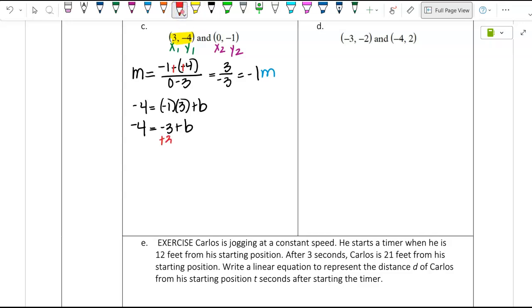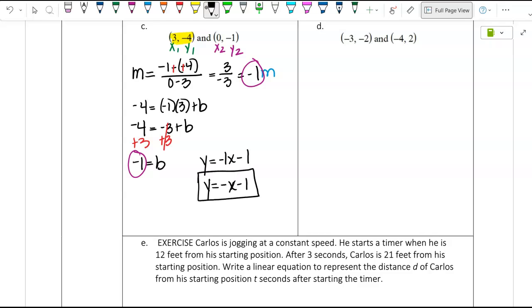If I add 3 to both sides, I get -1 equals b. So I have a slope of -1, a y-intercept of -1. So y equals -1x minus 1. But we really wouldn't write that 1 in front of the x. We would just write it as y equals -x minus 1. That would be the equation of our line.